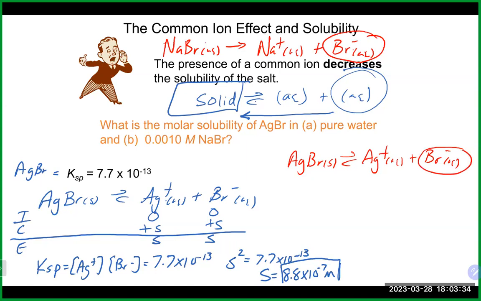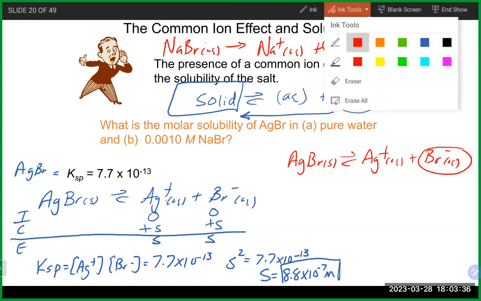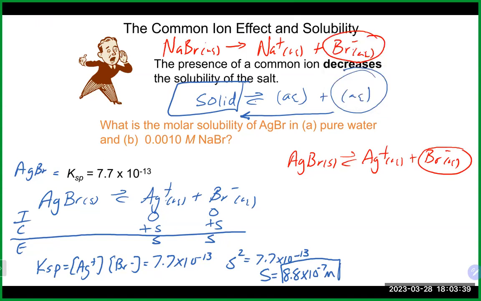So when we do our ICE table with the presence of that common ion, it is slightly different than when it's in water with no common ion. Initially, kind of like when you do buffers, the bromide will not be 0. We will have an initial amount of that, and it is going to come from our sodium bromide solution. If the entire concentration is 0.001, the bromide ion there would be 0.001.